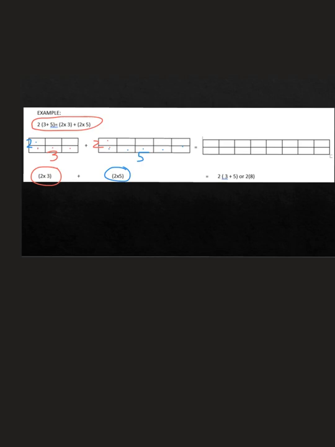So we can write, using the distributive property, 2 times the quantity 3 plus 5, and show the array, 2 rows by 1, 2, 3, 4, 5, 6, 7, 8 columns. So that would be a 2 by 8. Again, nothing to fill out here. Let's try an example together.